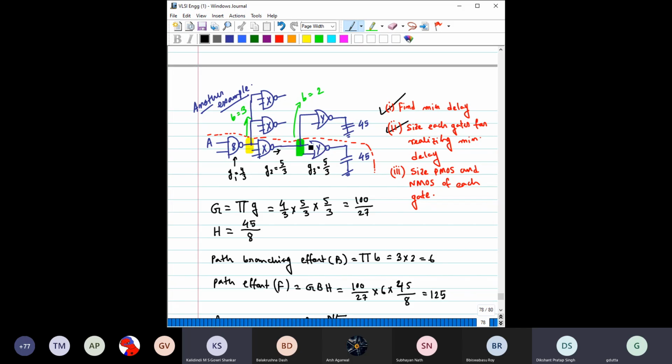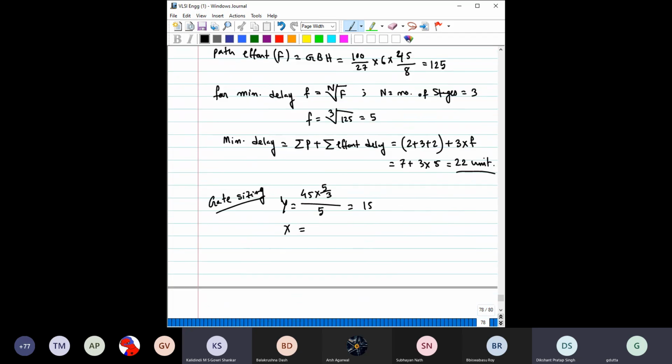So here you have 15, here you have 15, so the total load is 30. So the total is 15 plus 15, into its logical effort, since it is a 3 input NAND, G is 5 by 3, divided by the value of F. F is 5. If you do that, that would give you 10.